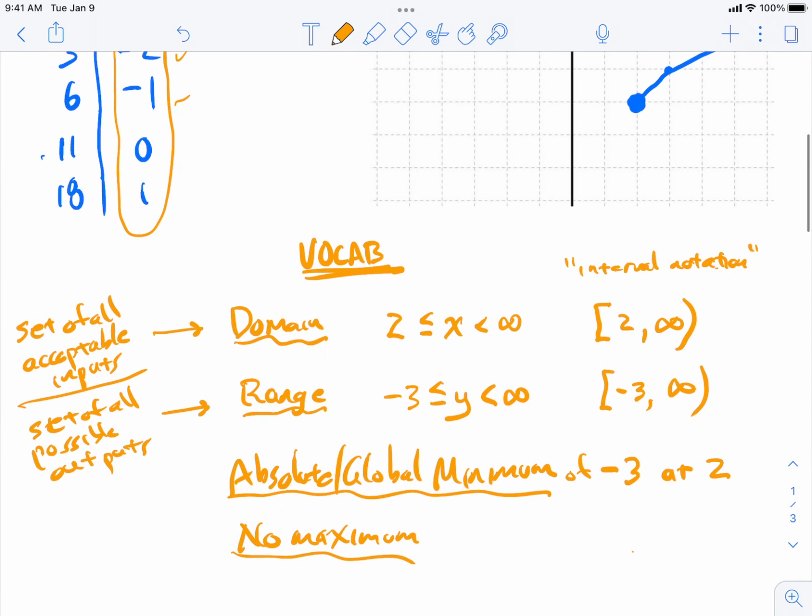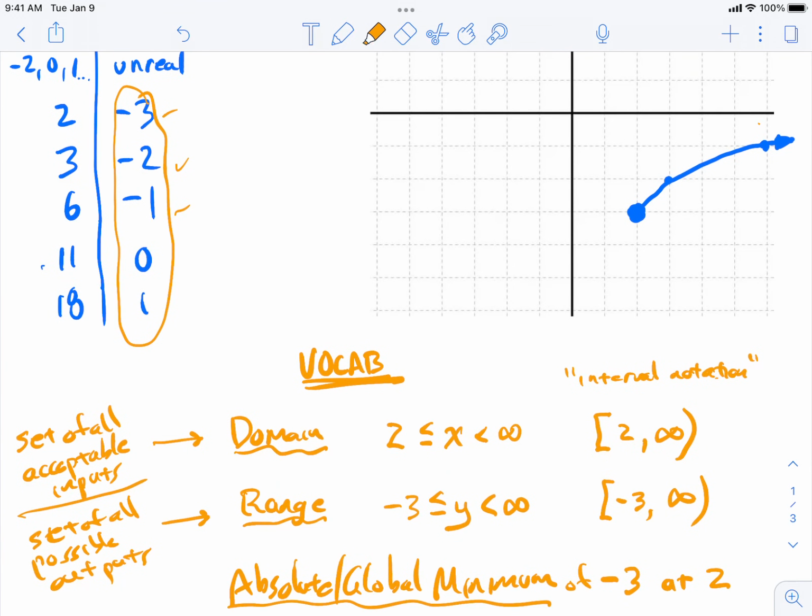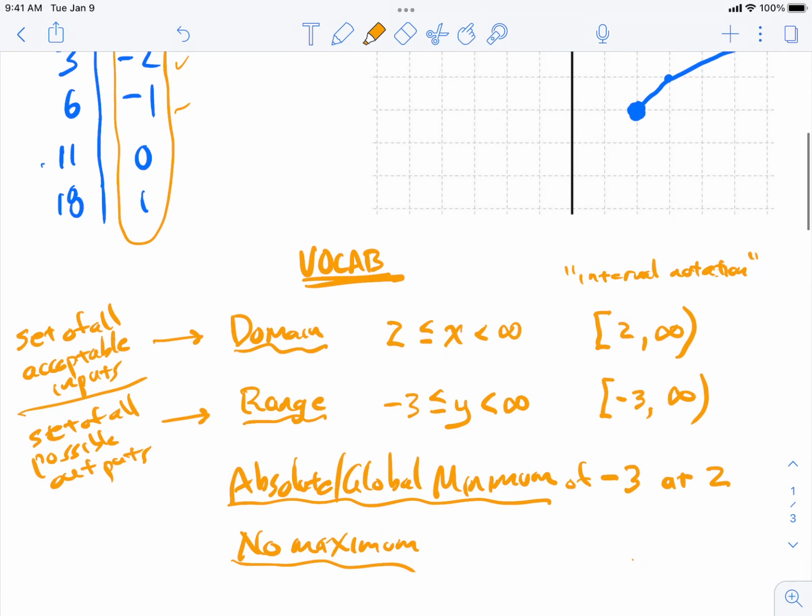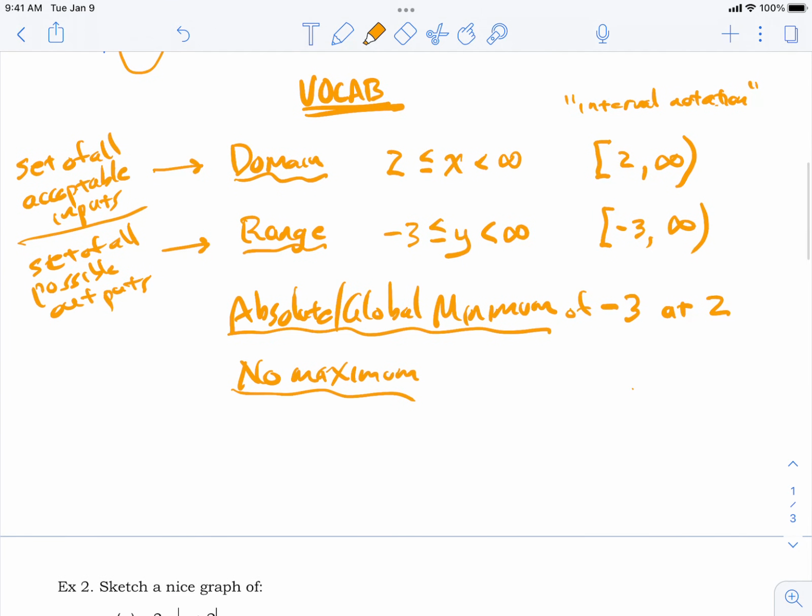One more word for this little graph here. Our domain starts here at x equals 2, and notice the function is climbing. There's another word you can use to describe the function. Actually, we don't use the word climbing. We say it's increasing.